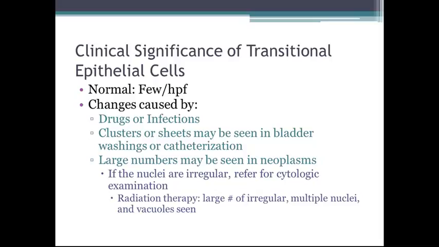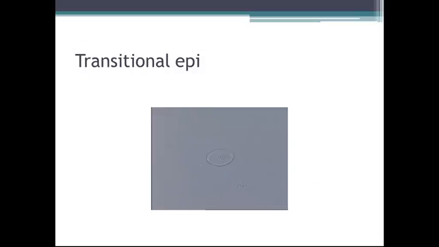If the nuclei are irregular, refer for a cytological examination. Radiation therapy can also create large numbers. A large number of irregular multiple nuclei and vacuoles can then be seen. So here is a picture of a transitional epithelial cell. You can see the nucleus and the oval-type appearance with a lip.